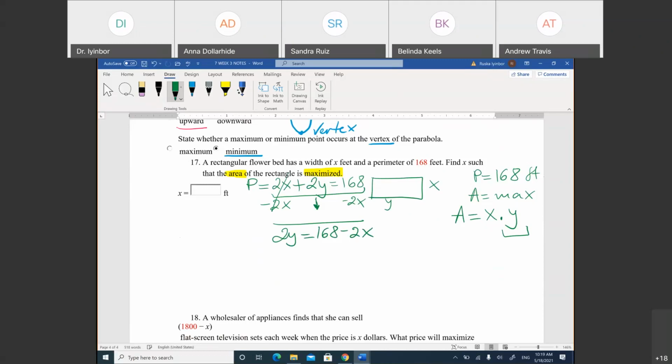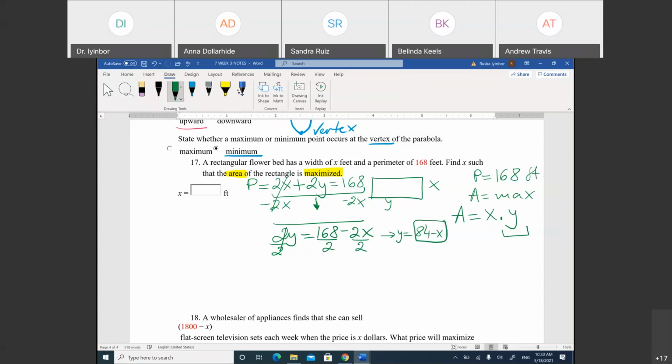And then you're going to divide everything by 2 to get y by itself. So what we have, y equals, 168 divided by 2 is what? 84. Okay, minus x. So it's going to be 84 minus x. So this is y equals.